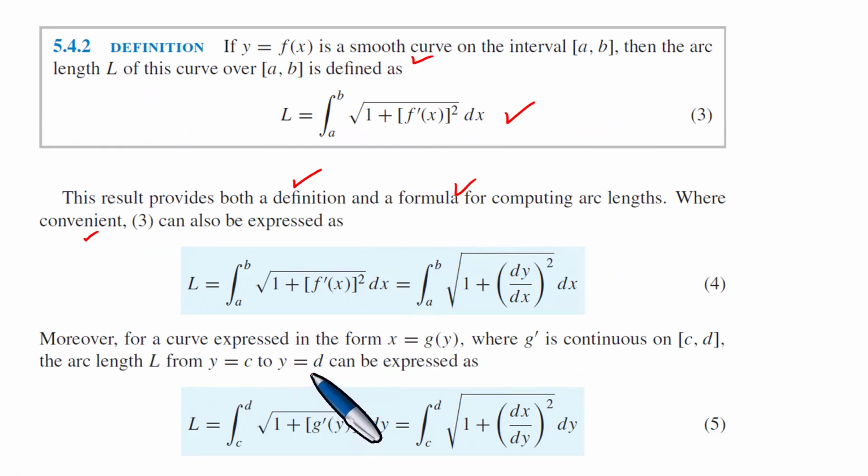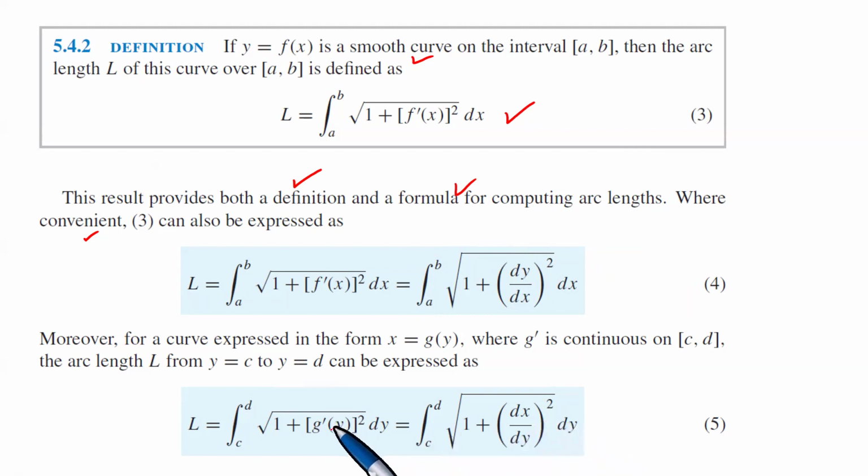Moreover, for a curve expressed in the form x equals g of y, where g prime is continuous on CD, the arc length L from y equals c to y equals d can be expressed as the integral from c to d of the square root of 1 plus g prime of y squared dy, which is the integral from c to d of the square root of 1 plus dx dy squared dy.